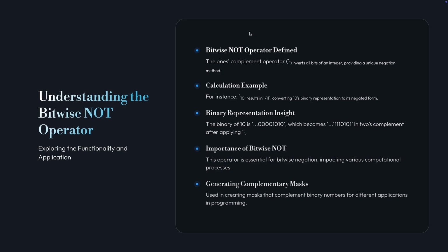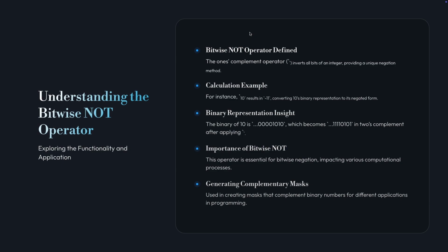It's a standard convention. The leading one usually signifies a negative number in this system. Okay, that's a bit more involved, but the core idea is that not flips all the bits. Exactly. The source emphasizes this is essential for bitwise negation and pops up in various low-level computational tasks. The key takeaway is the bit flipping. The 2's complement part explains the negative result.